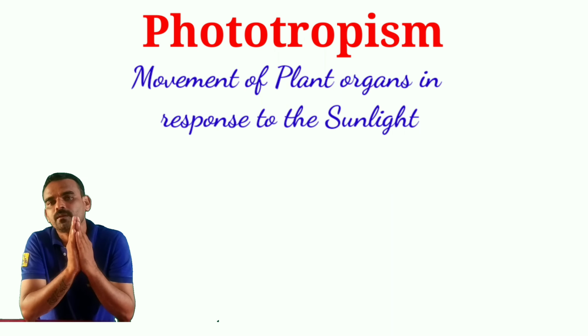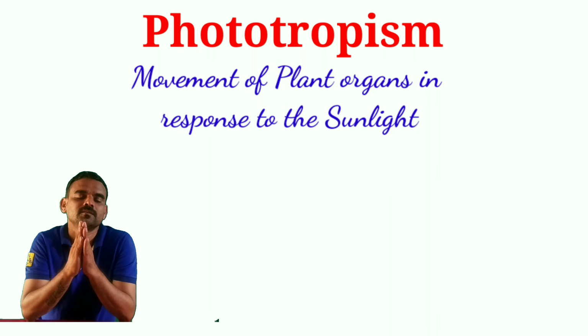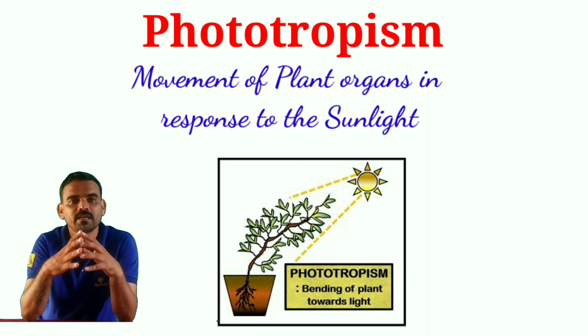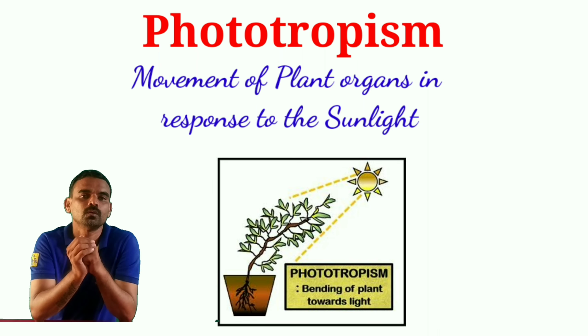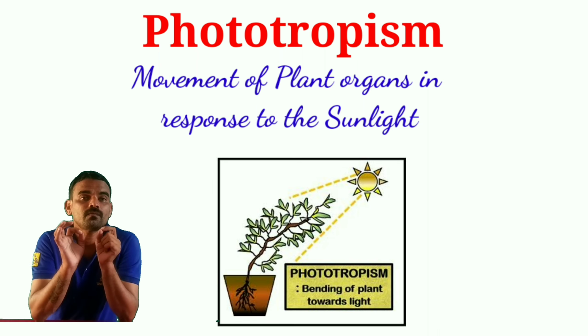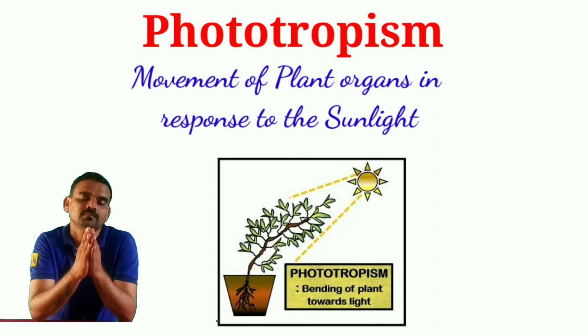Next, that is the phototropic growth. We know that if any plant is grown in the dark or in a room, it always has a habit to grow towards the window. Why? In search of light. That particular movement is known as phototropic movement.